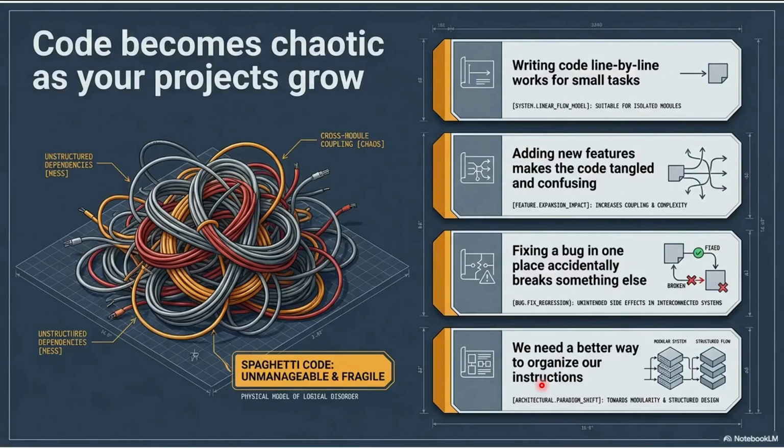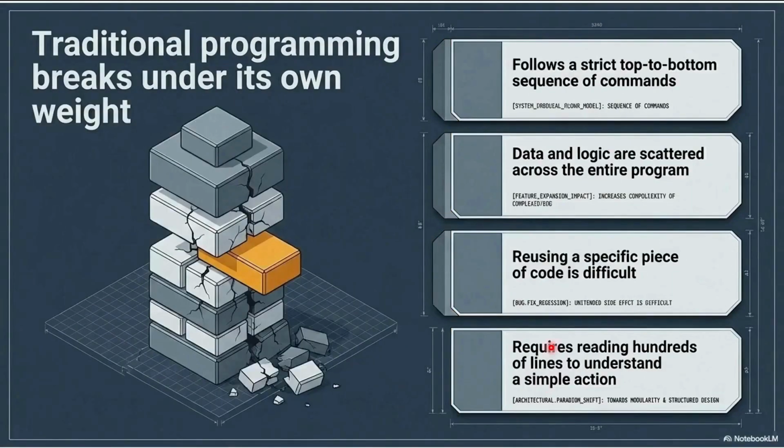Okay, so what happens with traditional programming? As you can see in this picture, you keep adding tasks one above the other, and ultimately there will be cracks. This is what happens with traditional programming.